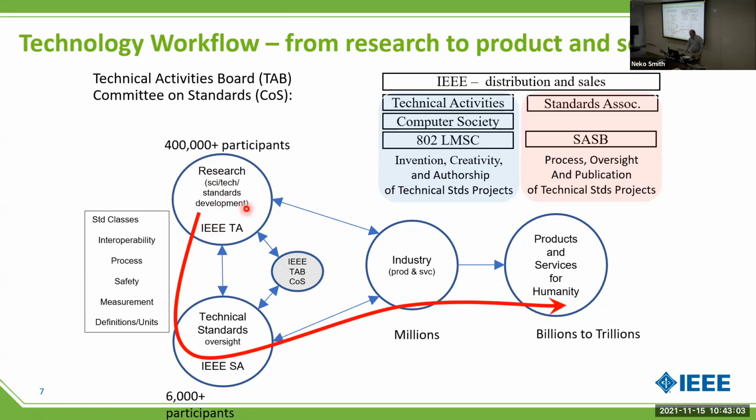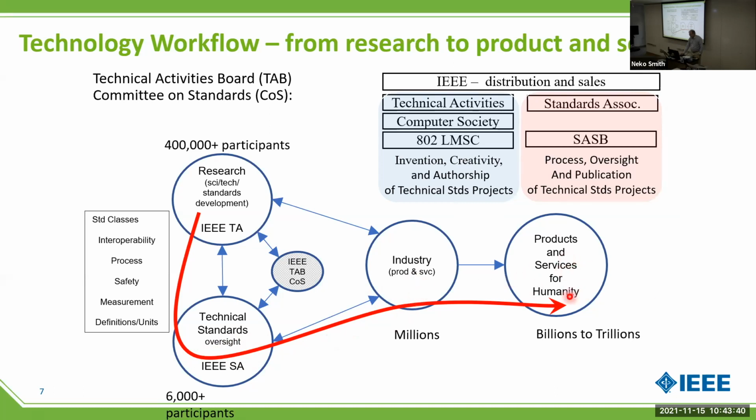Then what happens is you start out in a society, and if you think there's an opportunity to develop a standard within a society, you can create the necessary policies and procedures that are compliant with the standards oversight that the Standards Association provides, and take your technology, standardize it, and then bring it into industry. Actually, industry contributes significantly to the standardization process, certainly within 802, and we'll go over that.